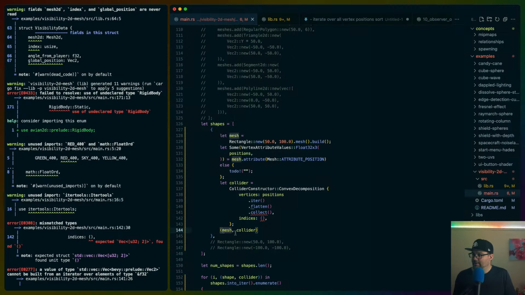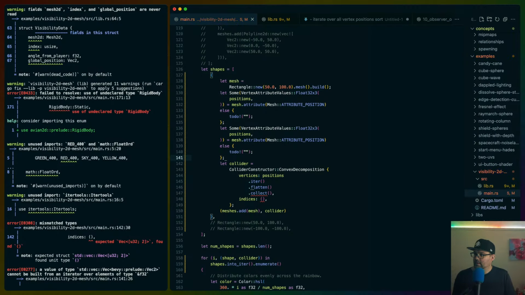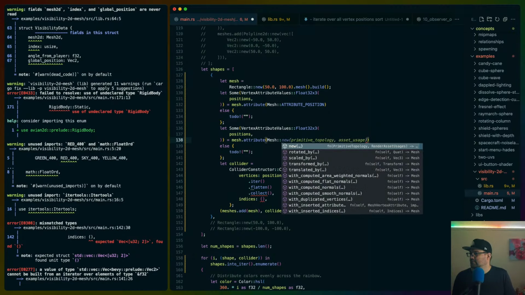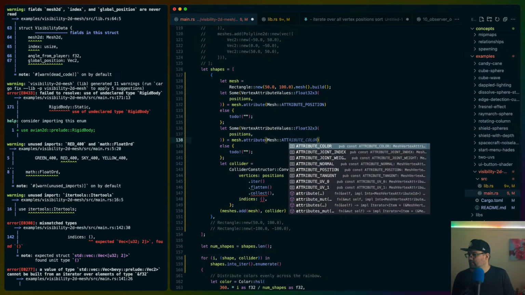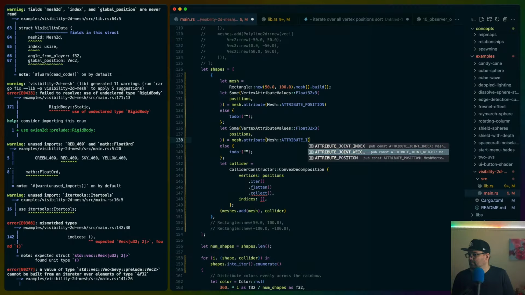And for the meshes, we can do meshes.add here instead and pass the handle back. And then can we do the same thing here? Do we have an attribute for indices? Joint weight, attribute position. I don't think we do.